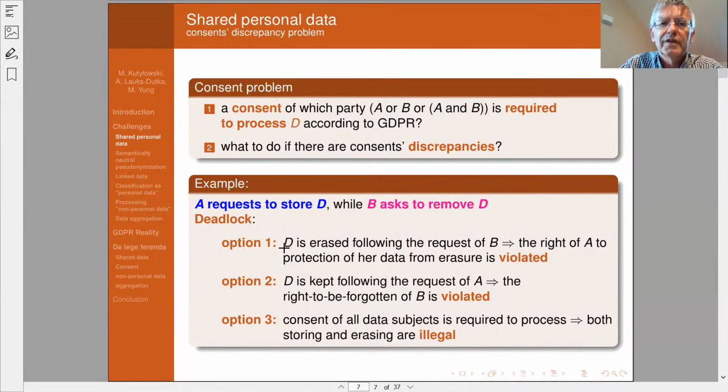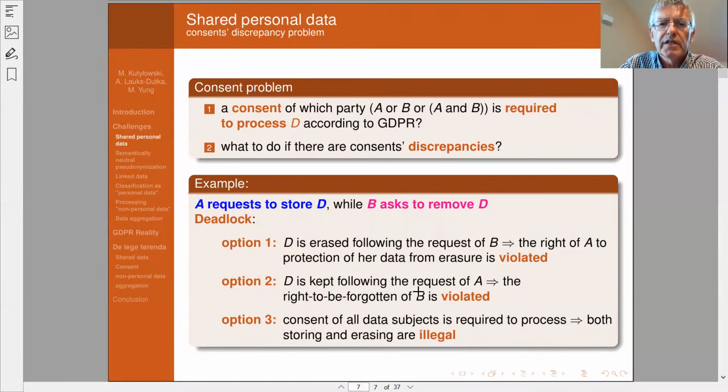If data is erased according to the request of B, then we violate the right of A to security of the data. One of the basic principles of GDPR is that the provider cannot delete the data at will, there must be consent for this operation, because erasing is also processing personal data. Okay, so this case creates a problem.